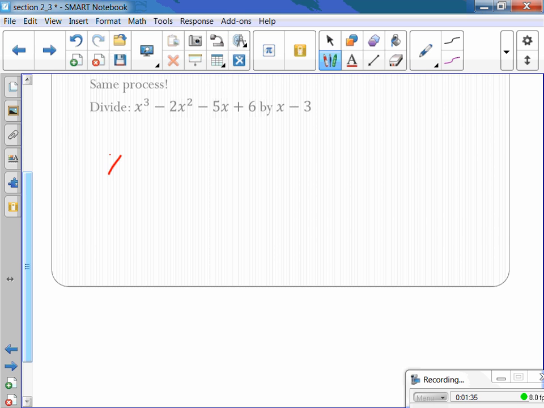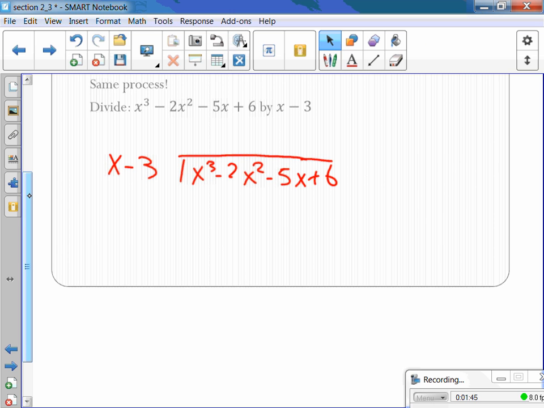So, set it up like our long division. I want to do the exact same stuff, but here I'm only concentrating on that first term. I'm only concentrating on my x in the divisor, not the minus 3. And likewise inside, with my dividend, I'm only looking at the very first term.